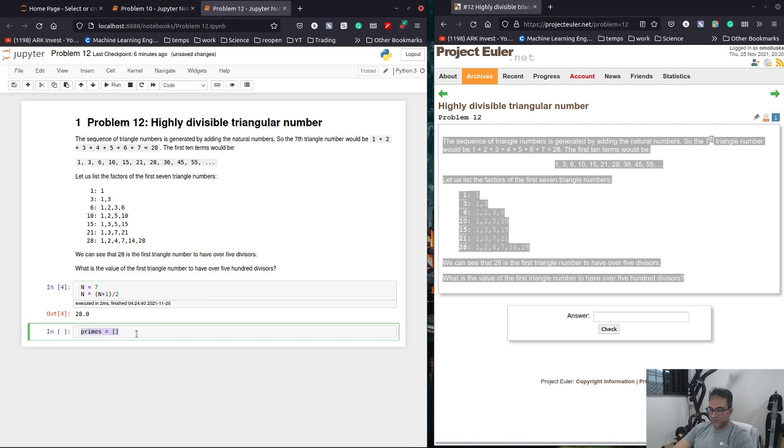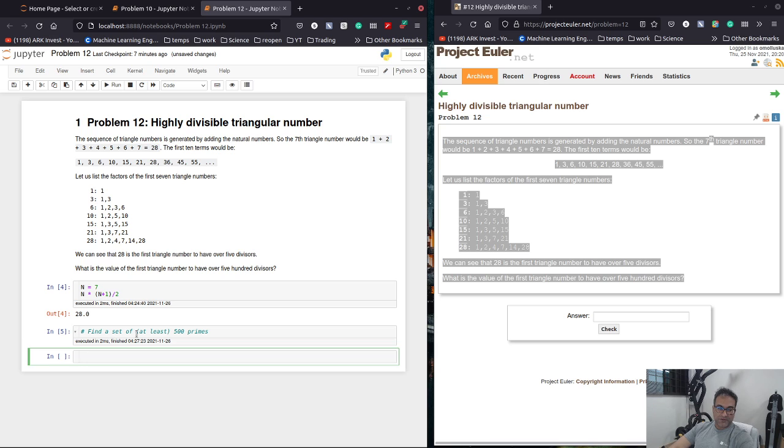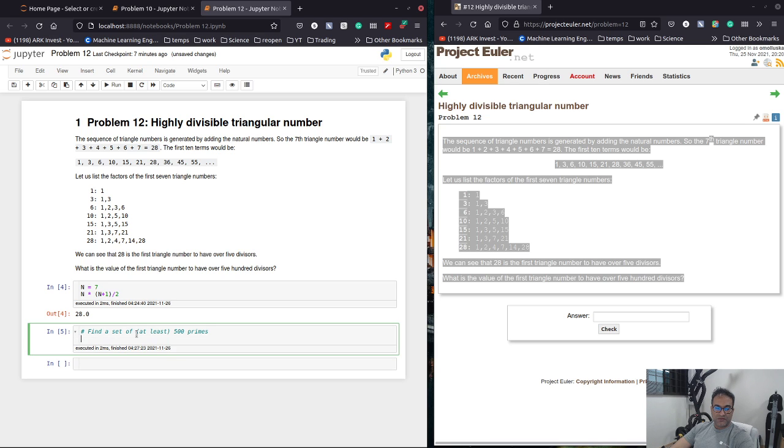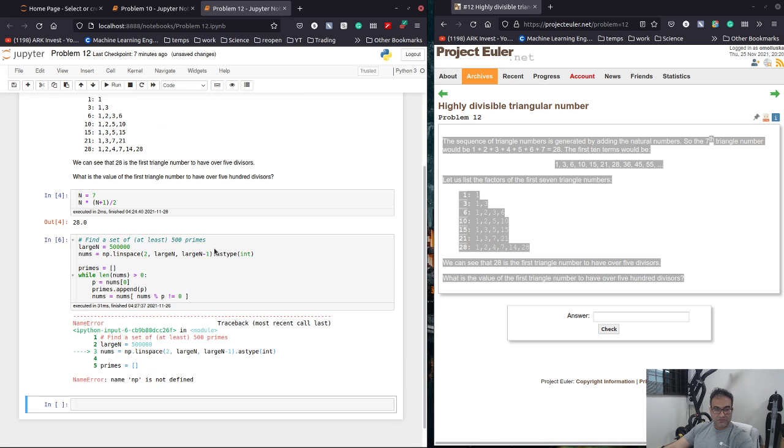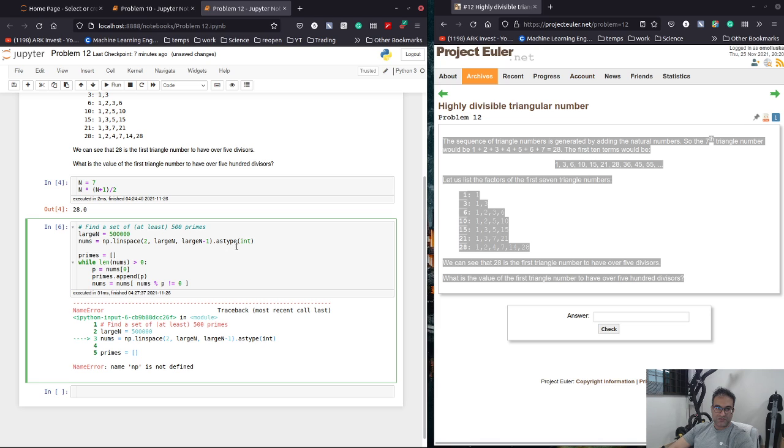So this is what we're going to do: find a set of at least 500 primes. Okay, and let's copy paste that solution. Okay, so let's go 500,000, and what happened? We haven't loaded NumPy.